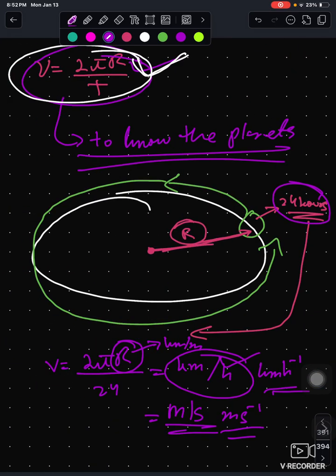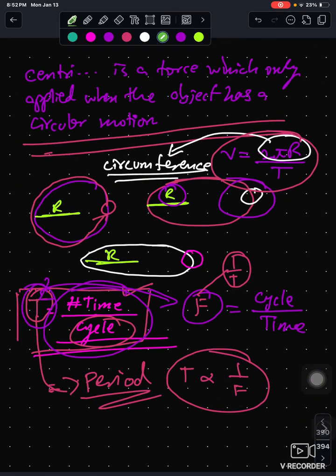One more thing, I should have said this at the start of the video. When we talk about velocity in circular motion, even though velocity's magnitude could remain the same, the direction is always changing.